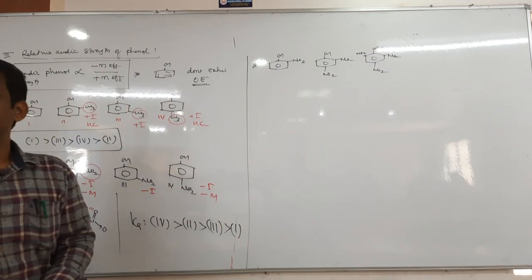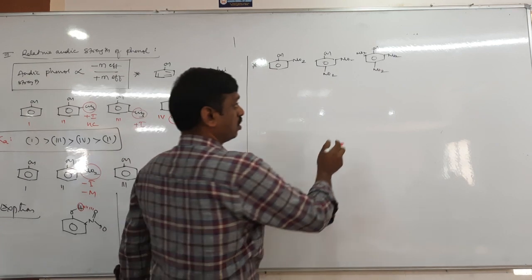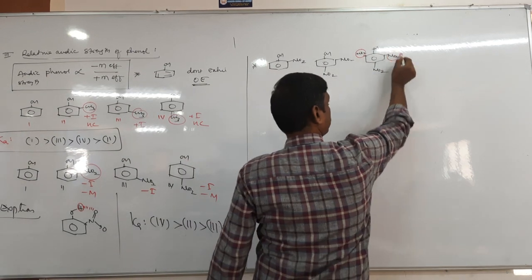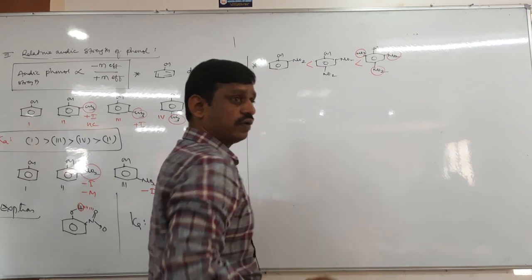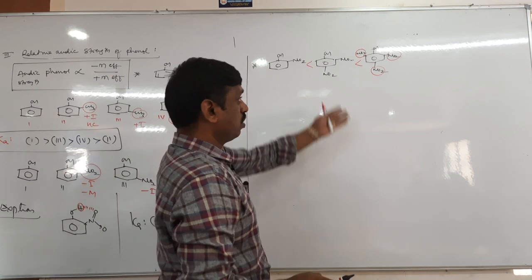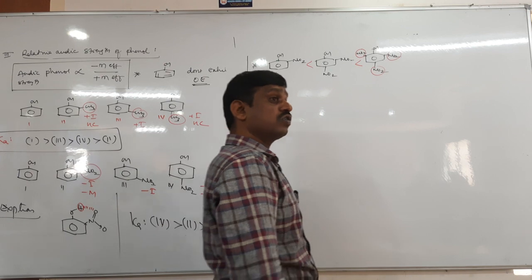Tell me, which is more acidic? So there are 3 NO2 groups, 3 electron withdrawing groups, which is much more acidic compared to 2 and 1. So therefore trinitrophenol is most acidic.